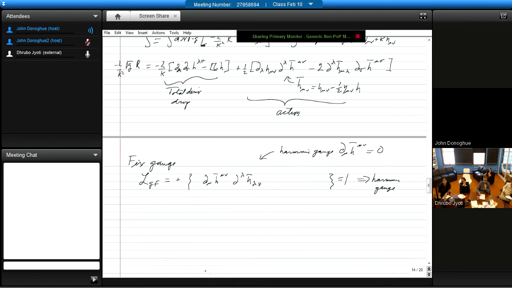This actually simplifies the Lagrangian. The Lagrangian, so the square root of g times the Lagrangian for gravity, now it's 1/2 d lambda h mu nu d lambda h mu nu, minus 1/4 d lambda h d lambda h, and then if I add in the linearized gravity piece, I have kappa over 2 h mu nu T mu nu.